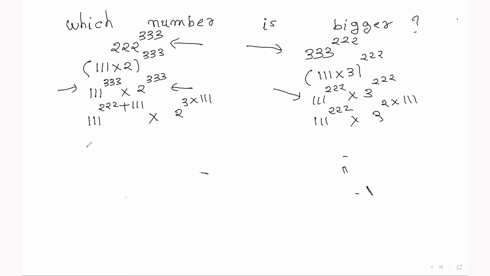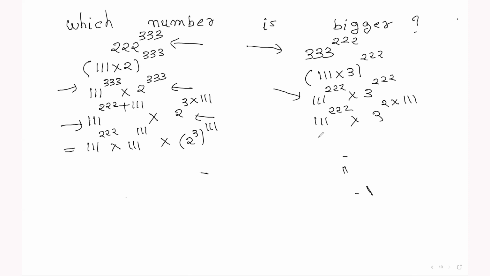Now, we can use the index law and write this as 111 power 222 plus 111, which is 111 power 222 multiplied by 111 power 111. And 2 power 3 times 111 I can write down as 2 power 3 and then power 111, because when there's a power of another power you can multiply, so that does work.